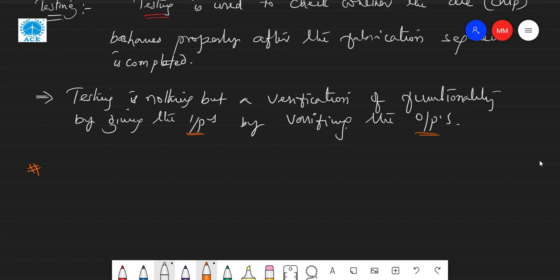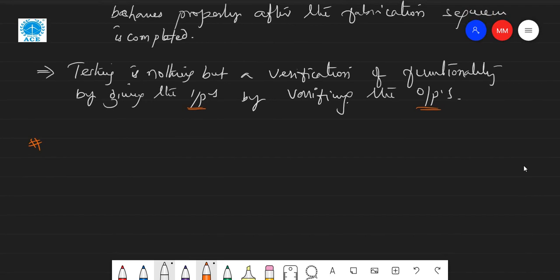So how can we identify these faults after fabrication? By using these test methodologies, I can identify faulty chips from the good chips.